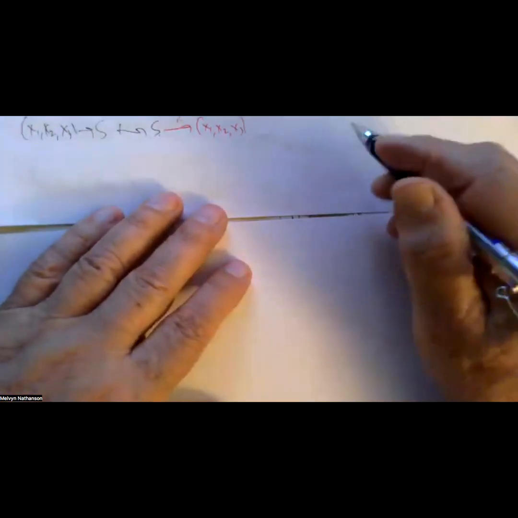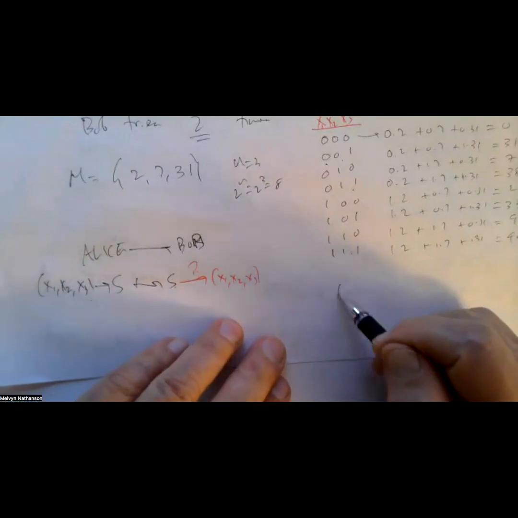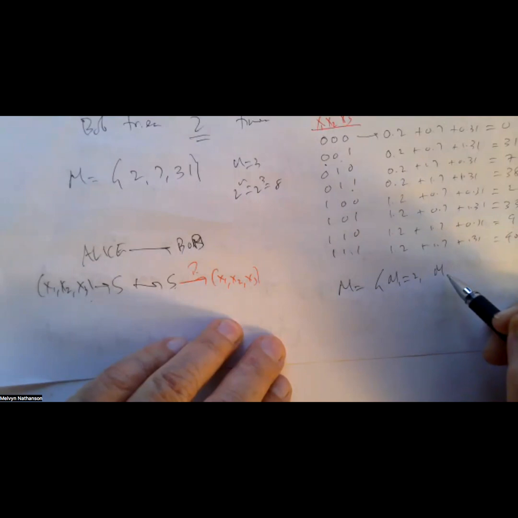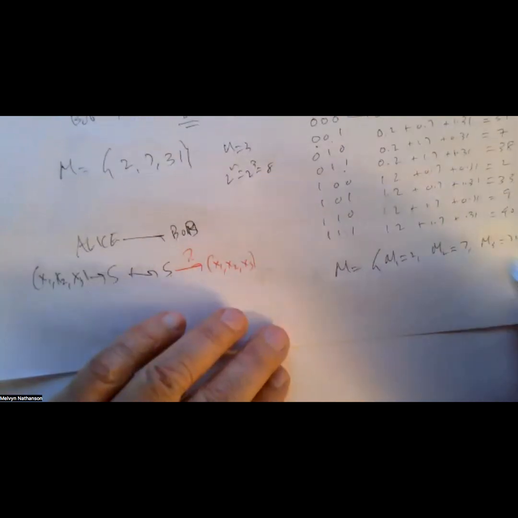Well, in the example, M consisted of 3 numbers, M1 equals 2, M2 equals 7, M3 equals 31.